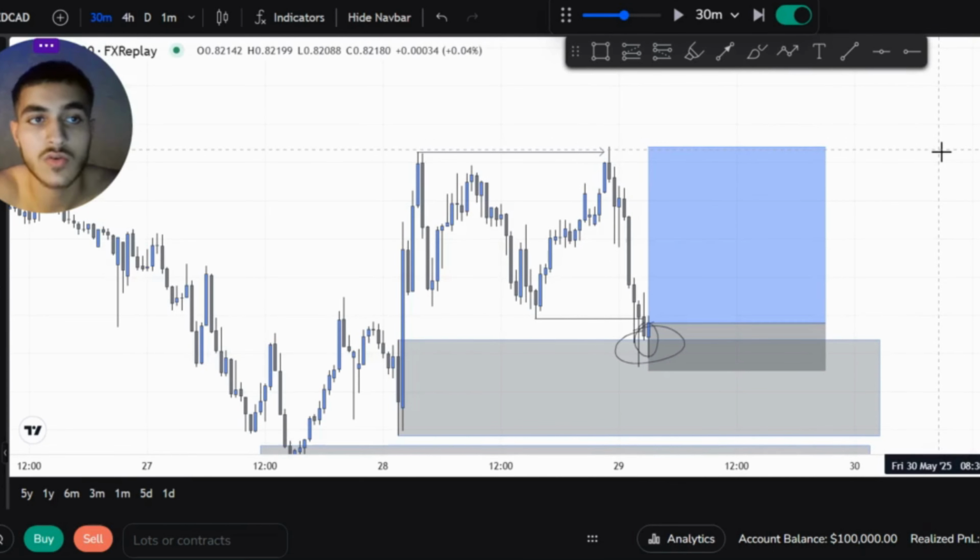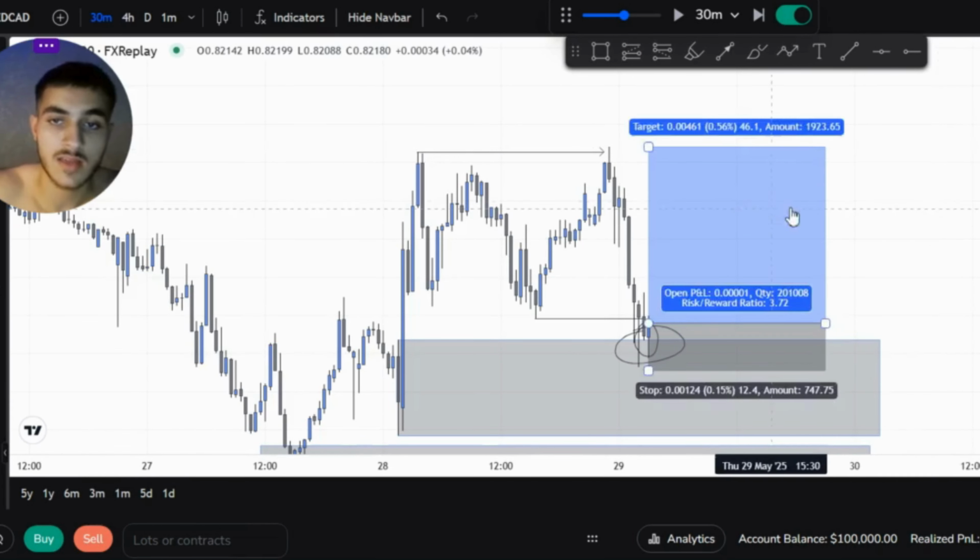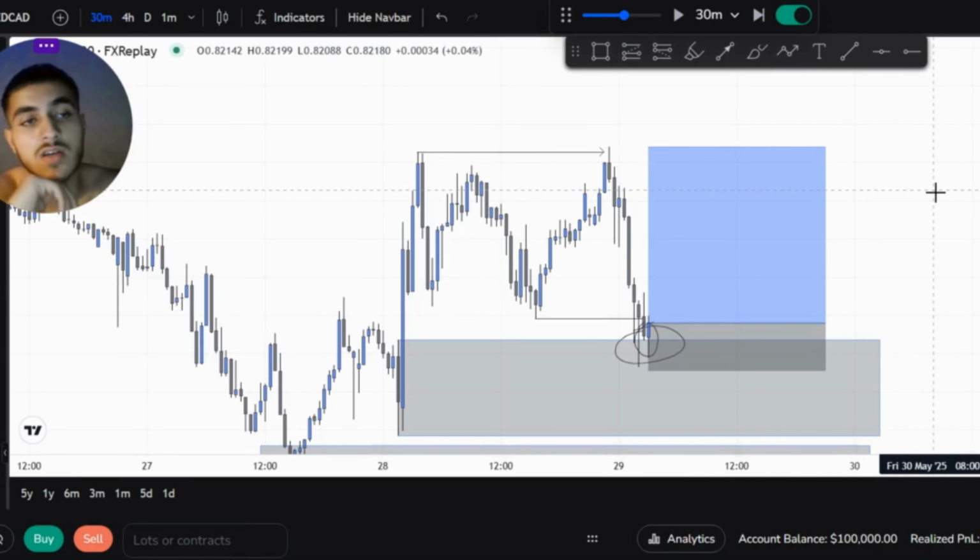Why this high? Because we determine the trend is bullish. Because of that, we target this high, and my rule is the minimum risk to reward should be 1 to 3.